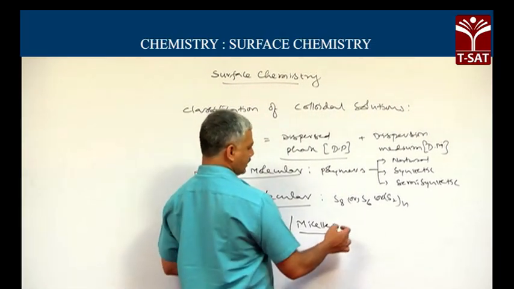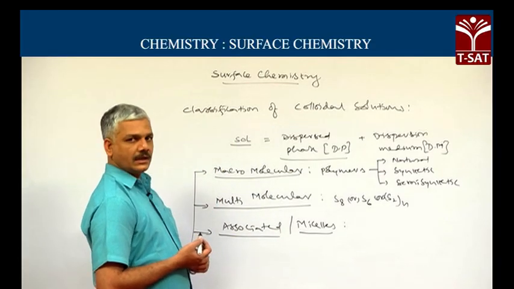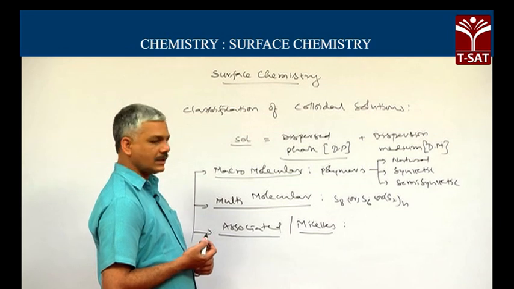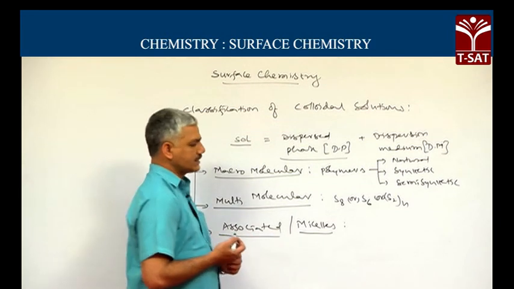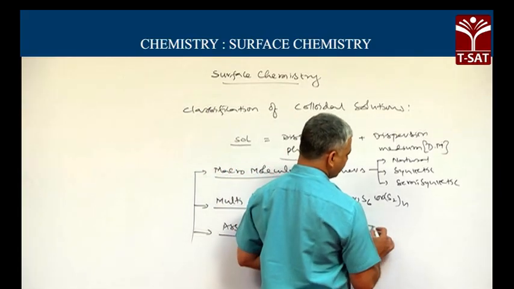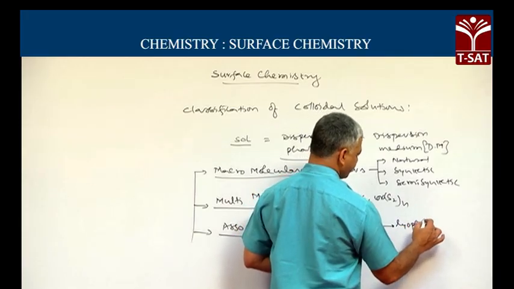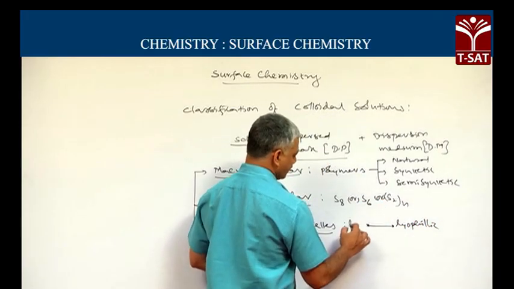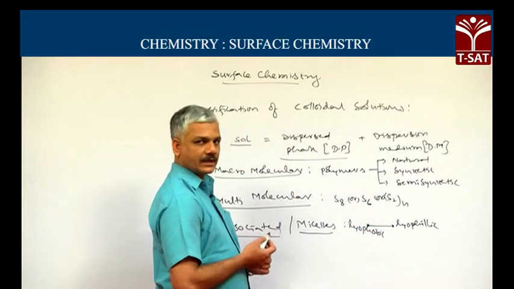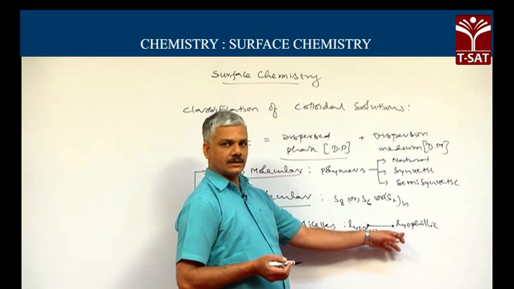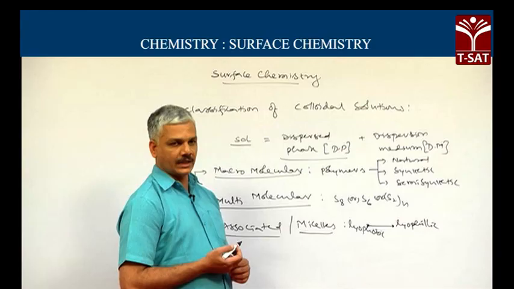One more speciality associated with these micelles is that normal colloidal solutions are either lyophilic in nature or lyophobic in nature, but these micelles will have both lyophilic and lyophobic ends in the same particle. One end will act as lyophilic while the other end will act as lyophobic.